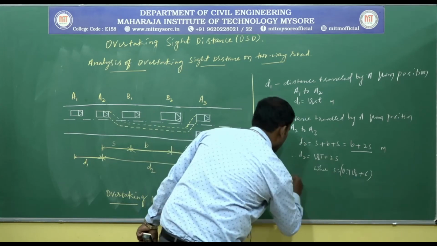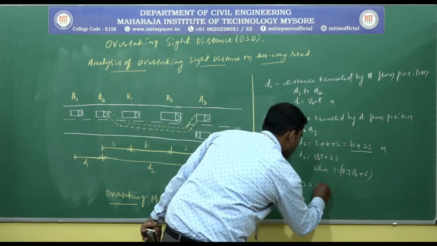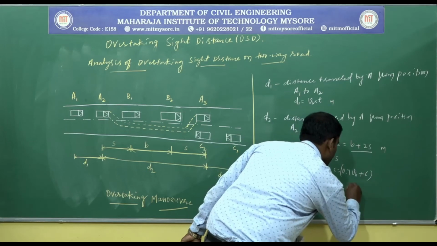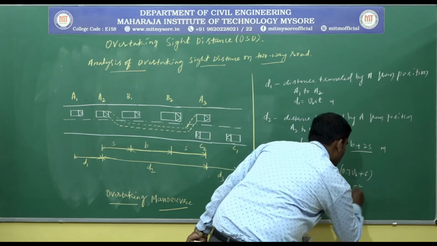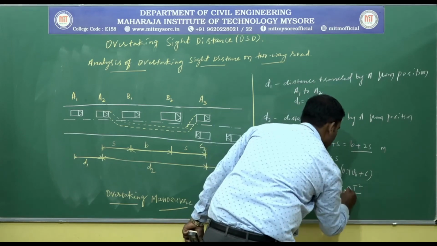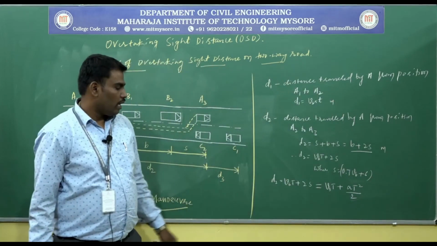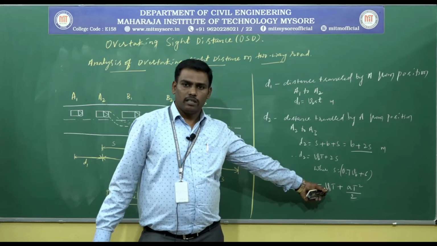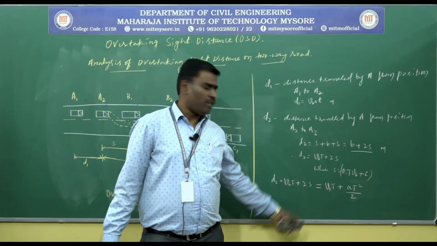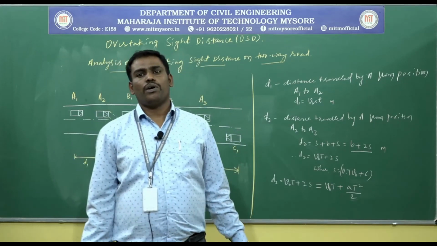D2 is equal to VB into capital T plus 2S, and that is equal to VB into T plus half A T square, that is A T square by 2. Here VB is the uniform speed of the slow moving vehicle, and A is the average acceleration of the overtaking vehicle.